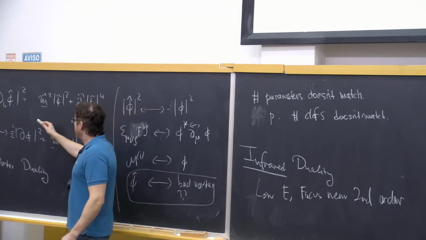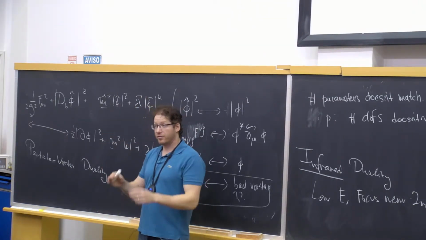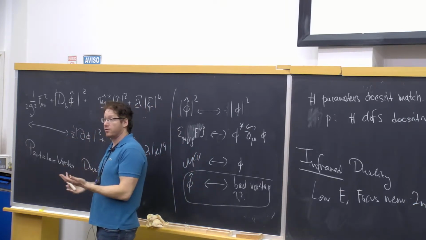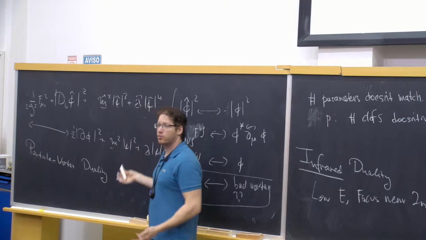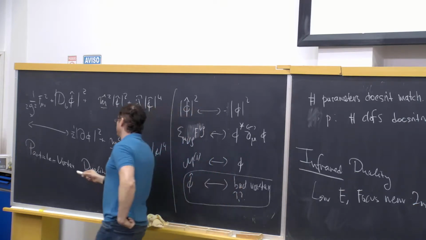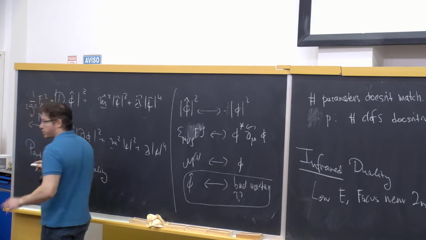So while what I told you about the probe particles and the probe vortex particles is rigorous, this is a conjecture. But people have essentially proven it on the lattice by simulating these two models. So you can say that this is proven on the lattice. But from the theory point of view, it's more like a conjecture.